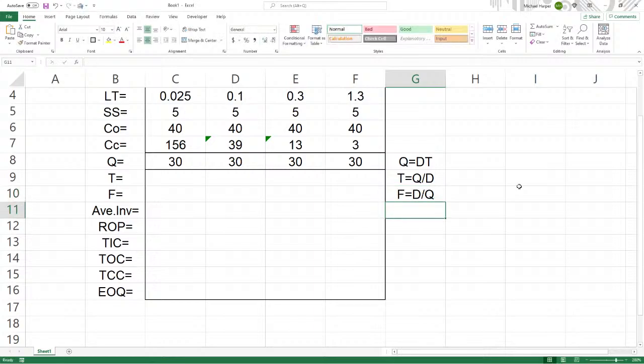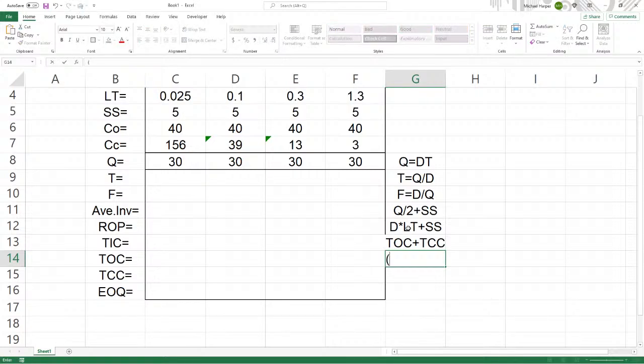Okay. Now average inventory here is Q over 2 plus safety stock. That's going to be our average inventory. We'll do that here in a minute. ROP, we know what that is. Demand times lead time plus safety stock. The total inventory cost equals TOC plus TCC.